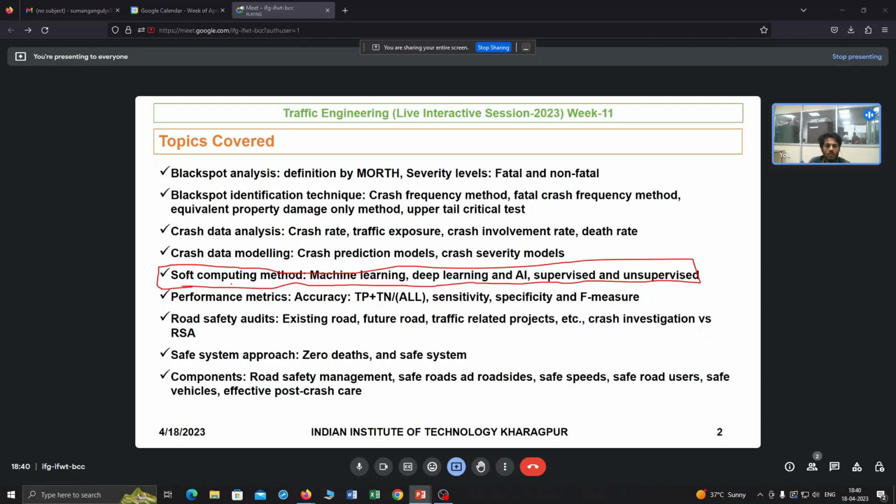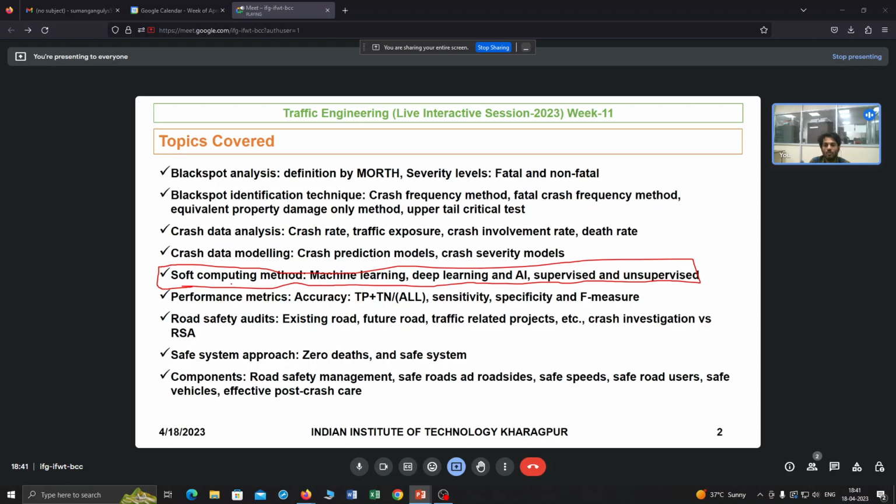Then who are the safe road users, and how do you make road users safe? Because pedestrians, bicyclists and non-motorized users are mostly the vulnerable road users, right? Then also safe vehicles: how do you make vehicles safe? And even if some accident occurs, what is the reaction, what is the arrangement for effective post-crash care, right?